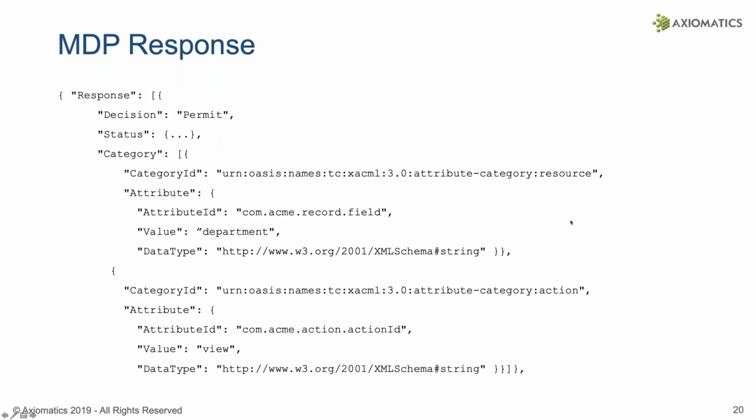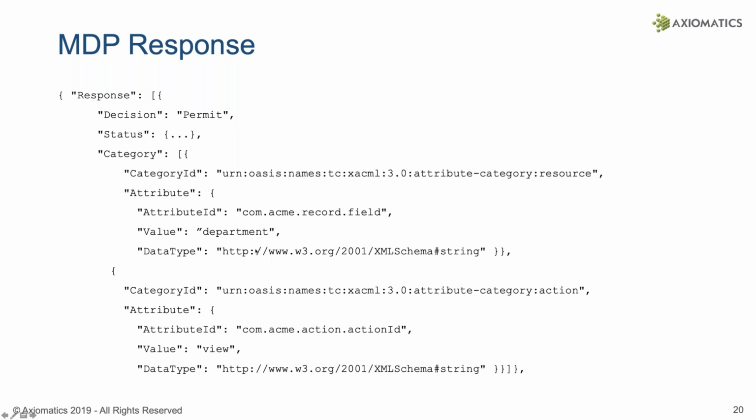And if we look at the response, you can see here that we get a permit decision back in this example, and we see attributes coming back in the response, that you get a permit decision for the field department and for the action view. Now, this would continue.